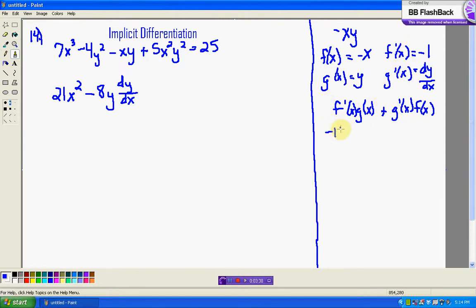Negative 1 times y plus g prime, which is dy/dx, times negative x. I'm going to rewrite this a little differently. Negative 1 times y is just negative y, and then I'll write this as negative x dy/dx. So that's the derivative of negative xy, and I plug that in over here.